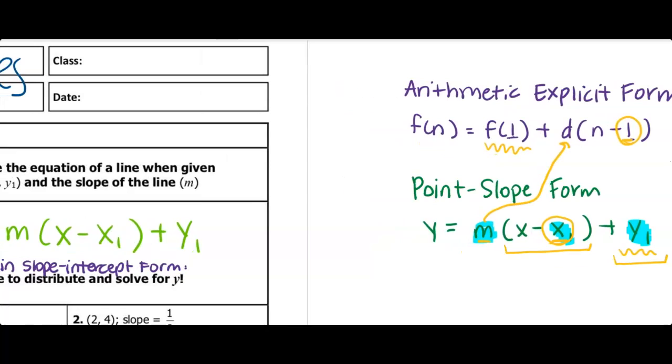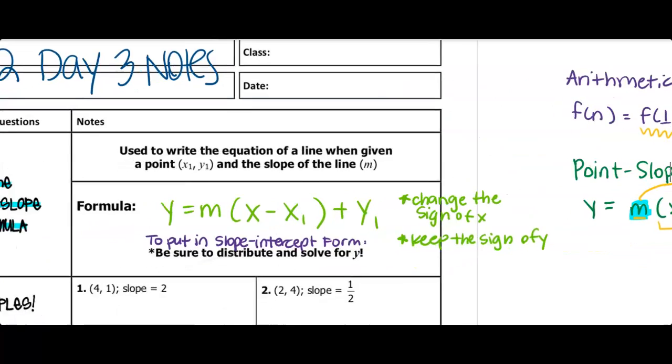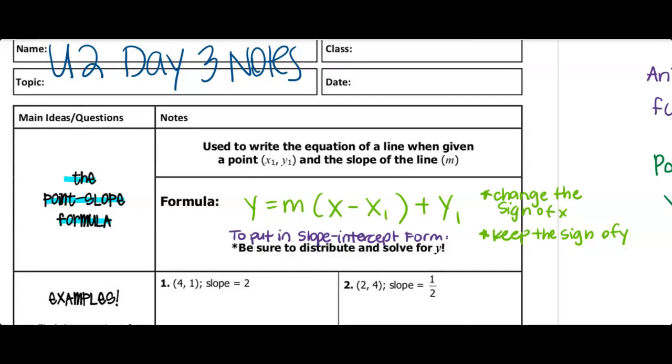You do want to make sure that when you're plugging into your equation, you change the sign of x. And you will keep the sign of y. And again, we will only simplify if we are putting our equation into slope intercept form.